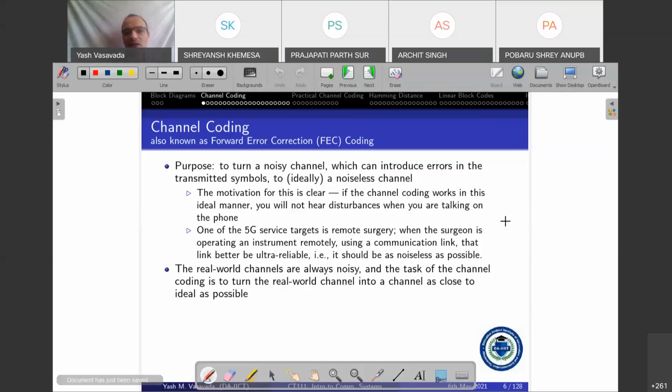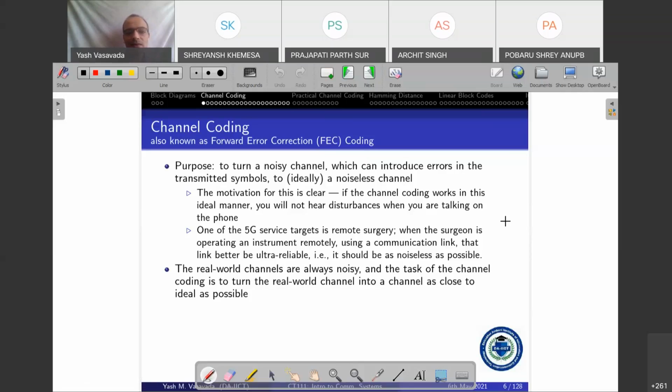Maybe a loudspeaker is playing, and maybe there are a lot of people nearby talking, and so that is a case of a noisy channel. But then in some other cases, you and your friend are alone in a room and there is no noise. So yes, it is possible that even the real world channel doesn't have a whole lot of noise.